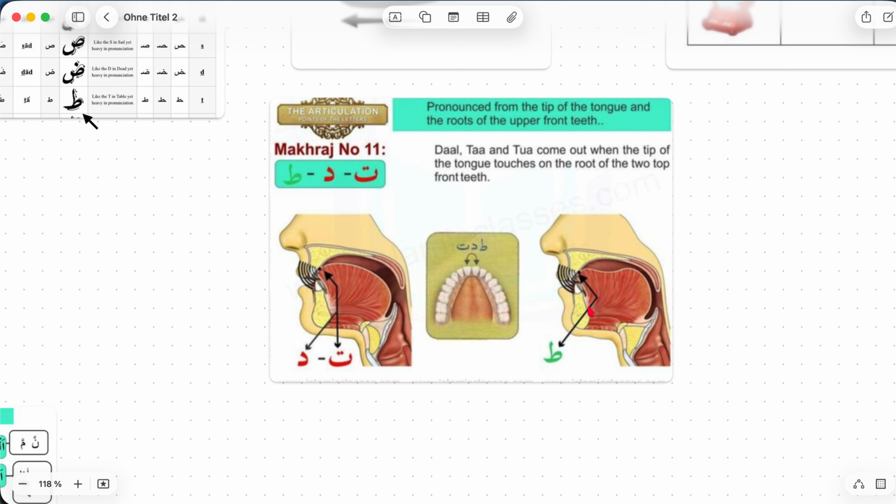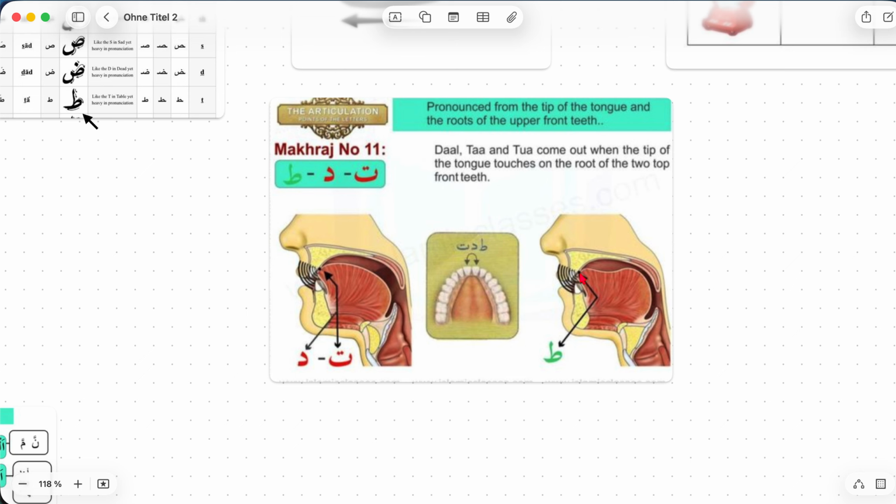When stopping at the letter Ta, you must apply qalqala. You should say it clearly when you say the letter Ta. So it's pronounced from this point here in the mouth.